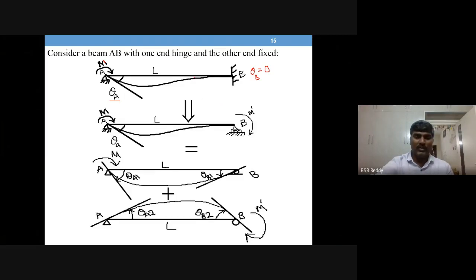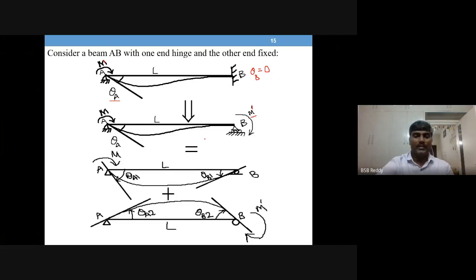So, free body diagram of this one. So, remove the fixed support. So you will see the reaction M dash, which will be clockwise in nature. So applied moment is clockwise, reaction is also clockwise.